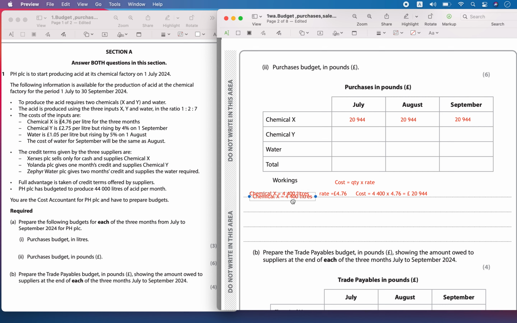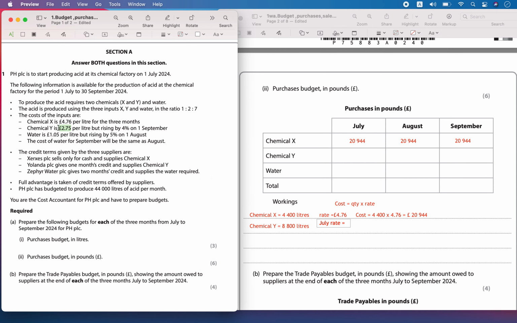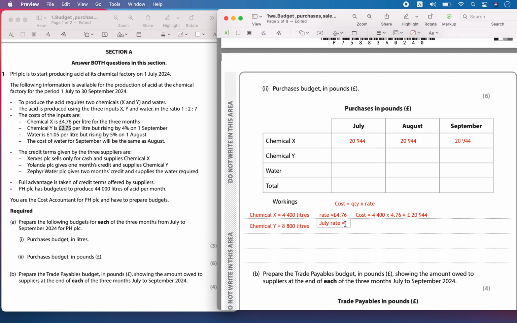So for the chemical Y, we know that it requires 8,800 liters at 2.75 pounds. So what will be the cost?